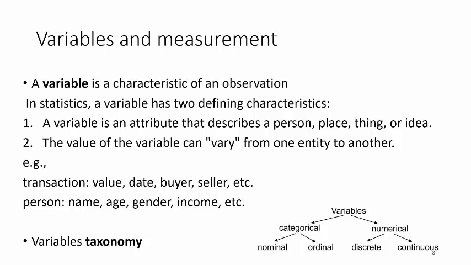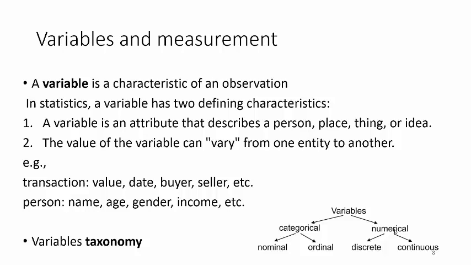For numerical variables, the values are numbers. They represent a measurable quantity. For example, when we speak of the population of a city, we're talking about the number of people in the city. So it's a measurable attribute of the city. Therefore, population could be a quantitative variable or numerical variable.